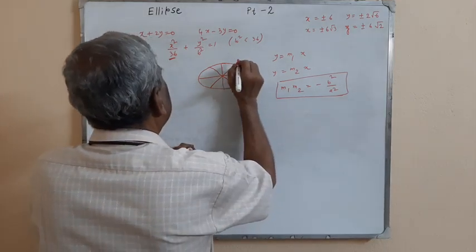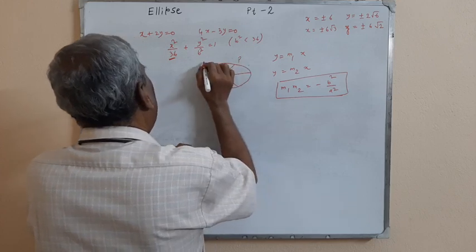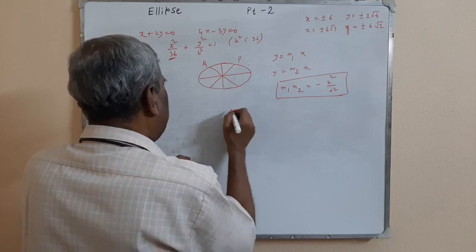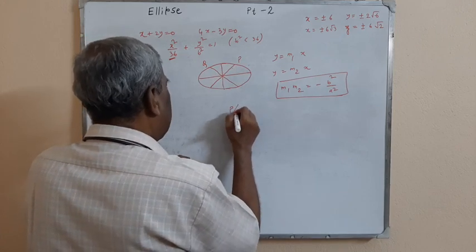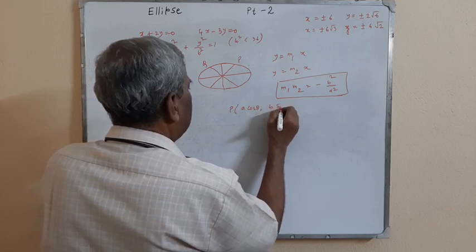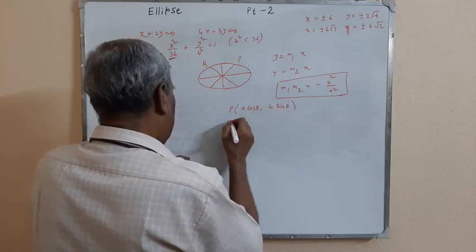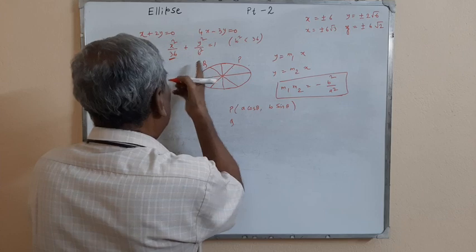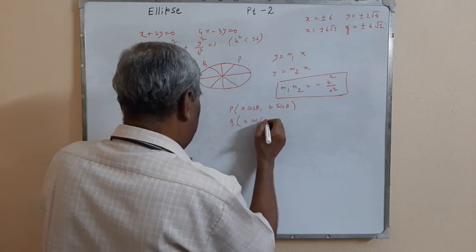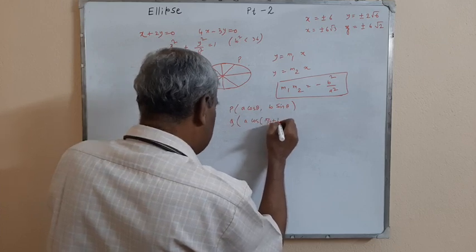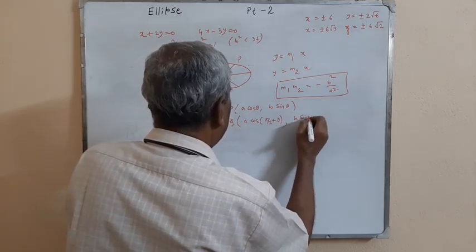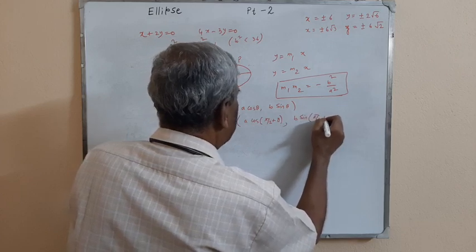Or this can be obtained: suppose P and Q are the two endpoints of the conjugate diameters. If the coordinate of P is a cos theta, b sin theta, then that of Q will be a cos of pi by 2 plus theta, and b sin of pi by 2 plus theta.